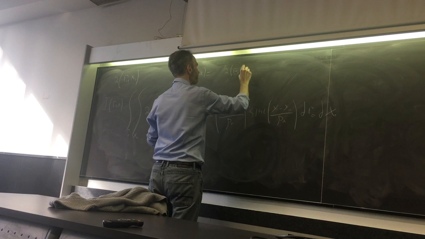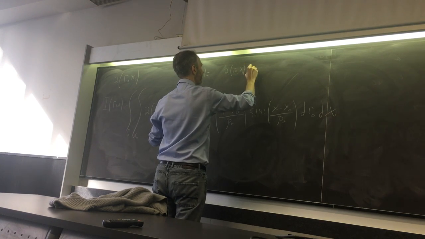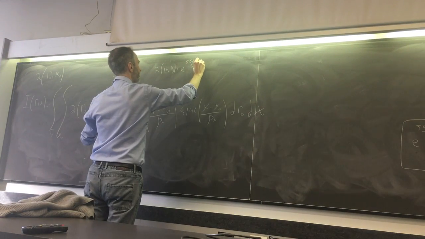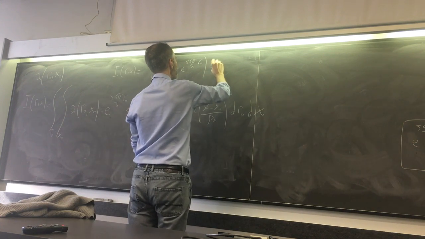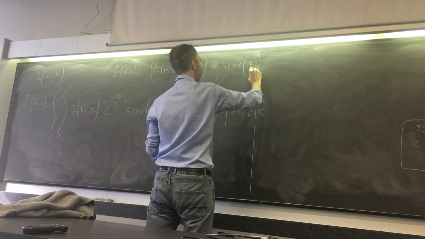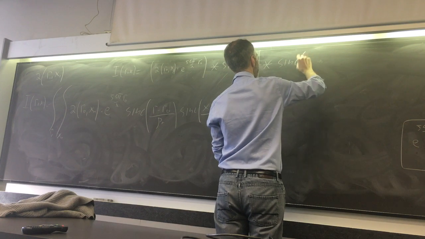Let's take this multiplied by this first term. And then you do a first convolution in range and a second convolution in azimuth.